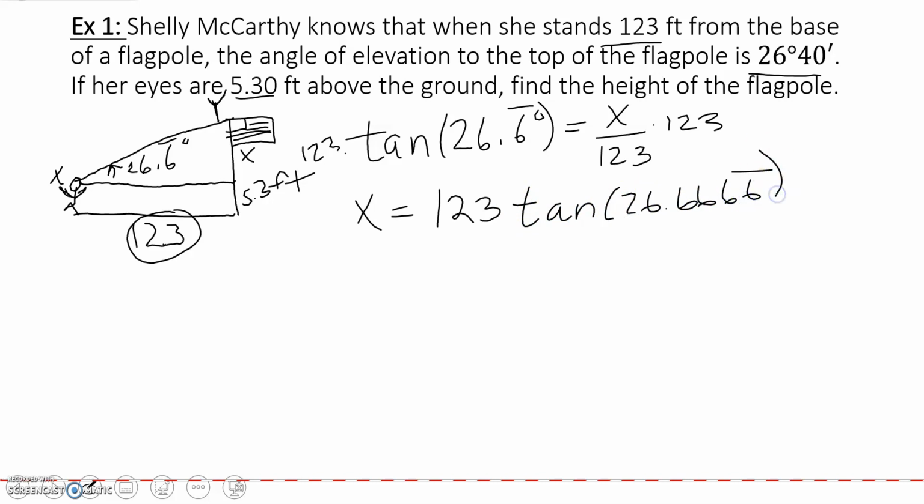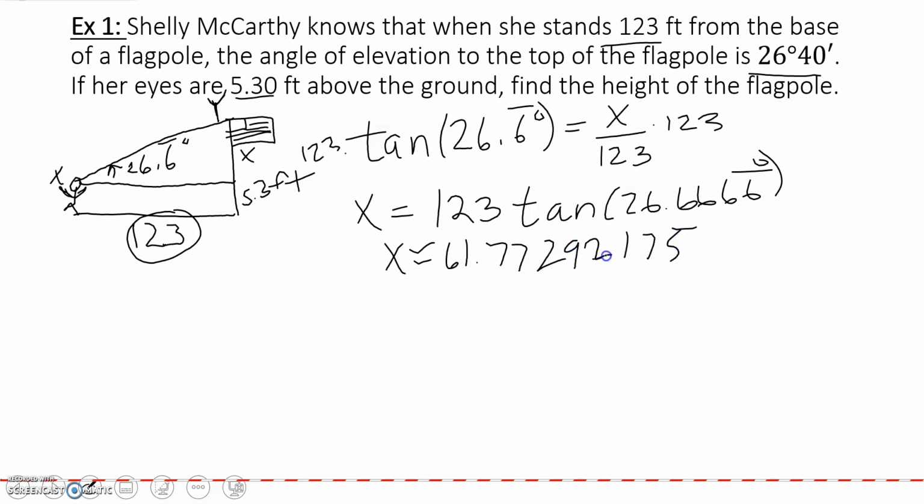26.666666666 repeating, remember, degrees. If you plug that into your calculator, 123 times the tangent of 26 point, and then just write as many sixes as you can, you get 61.7729, approximately 61.77292175.